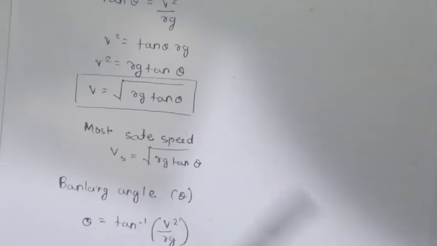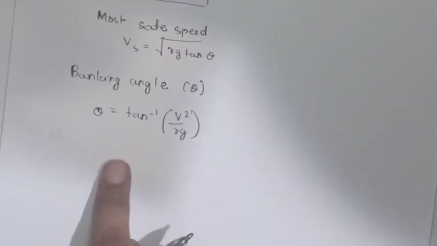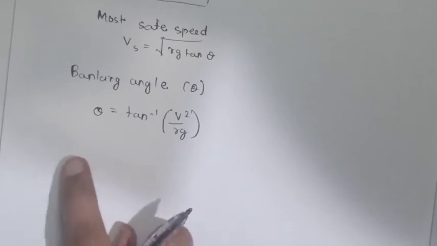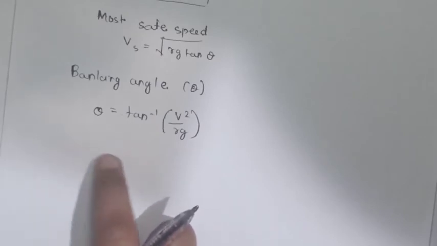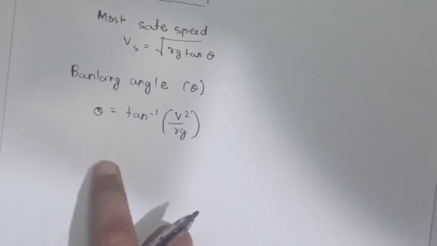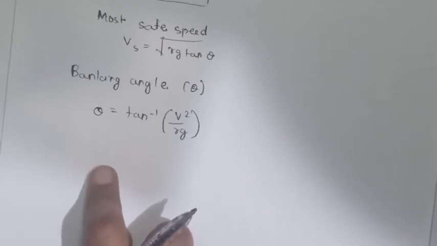You have just shifted the tan to this side, so theta is equal to tan inverse of v square by Rg. So this is the banking angle. While designing a road, this expression helps us know the angle of banking.